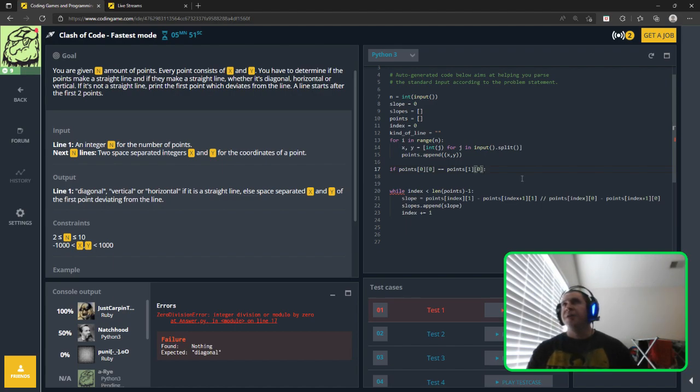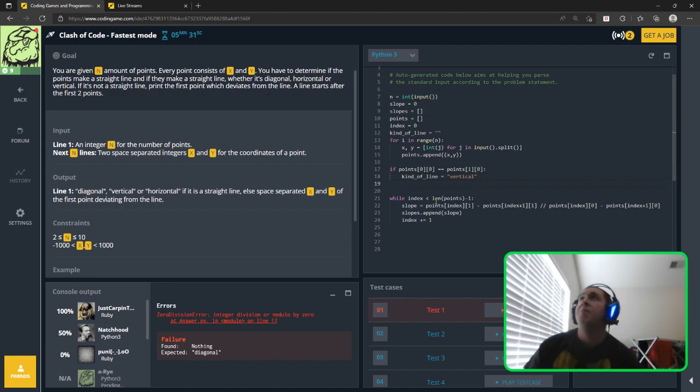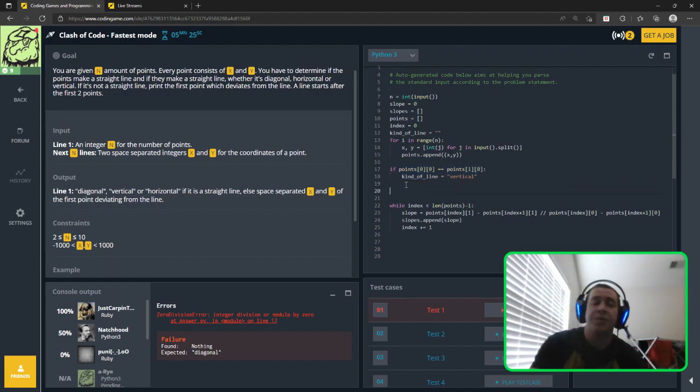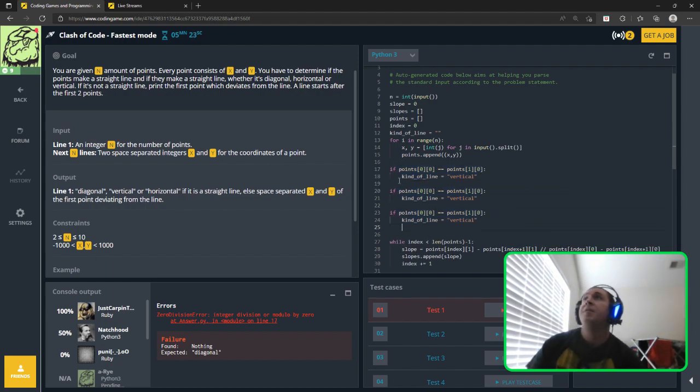And we don't need to check against y coordinates being the same either. So then kind of line equals vertical. No, not capitals. Vertical. Can't spell. Alright, vertical, and then we would do this 3 times, because we're testing the vertical, the horizontal, and the diagonal.